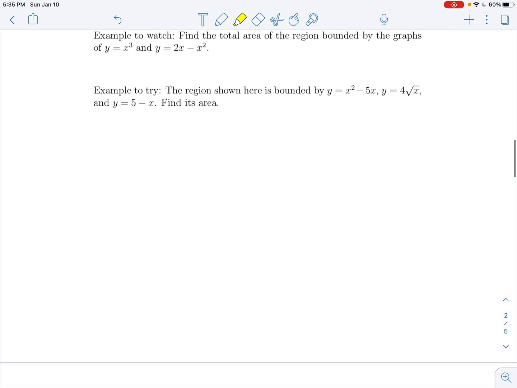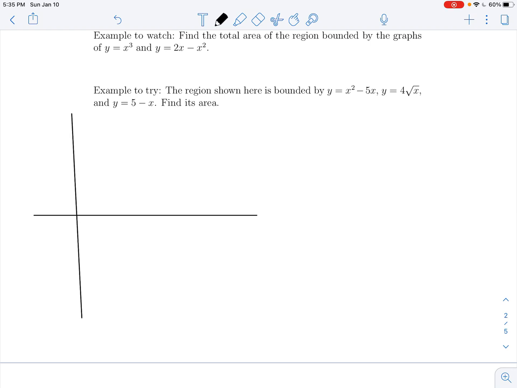So here's one for you to try. It says the region shown here. So I will draw a picture for you just so it's clear what's going on. I did not type this in, but we have y equals x squared minus 5x.